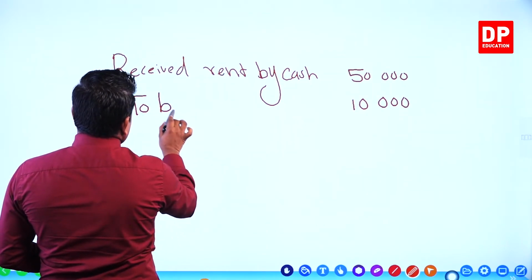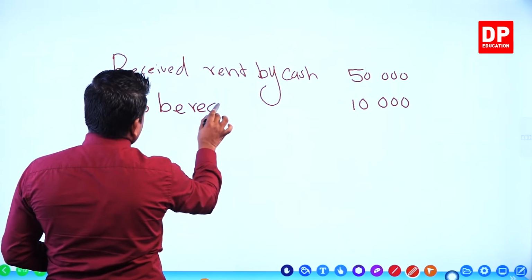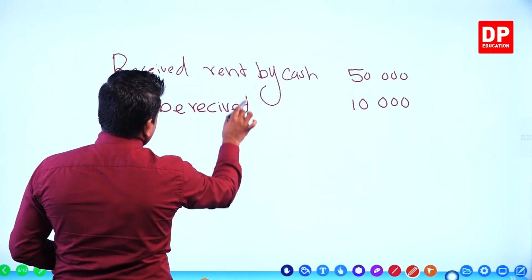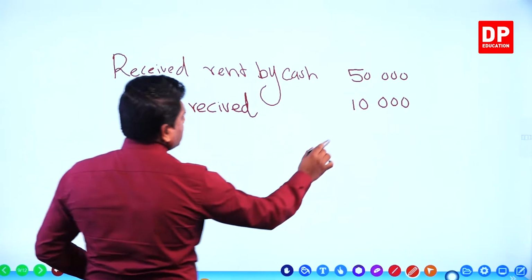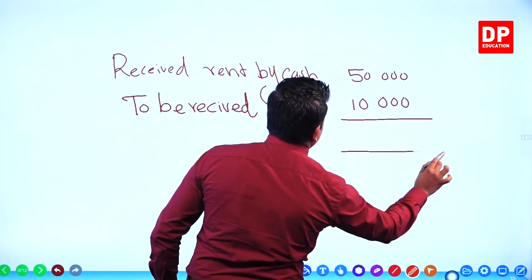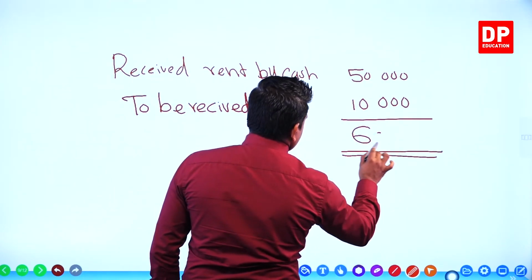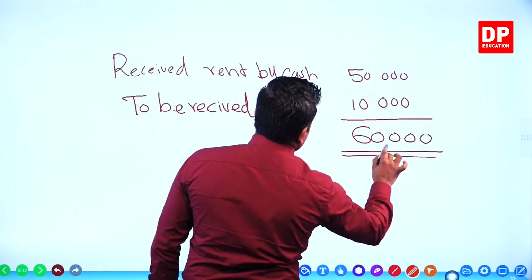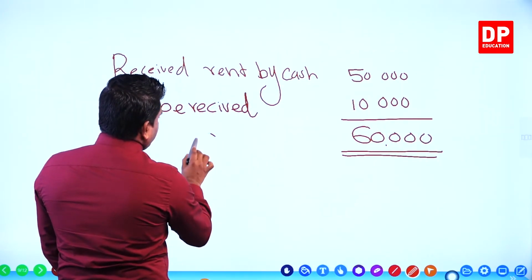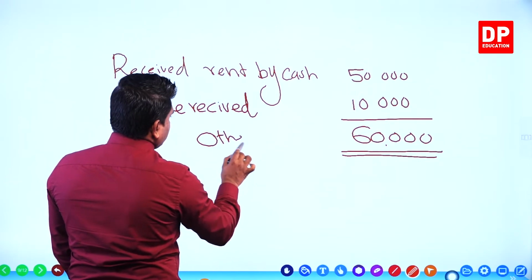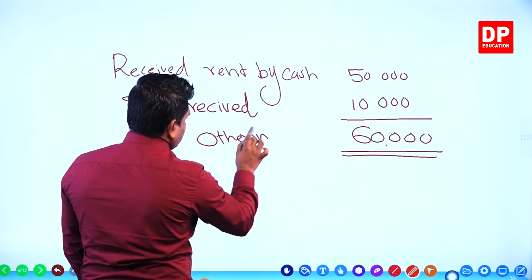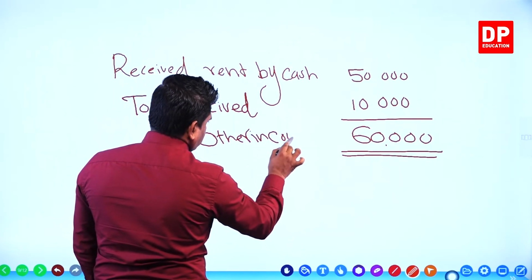We said to be received 10,000. The total income is 60,000. This comes under other income category.